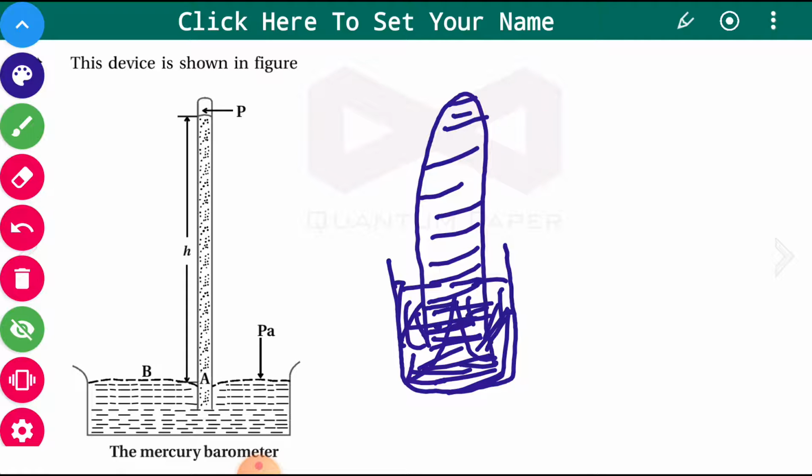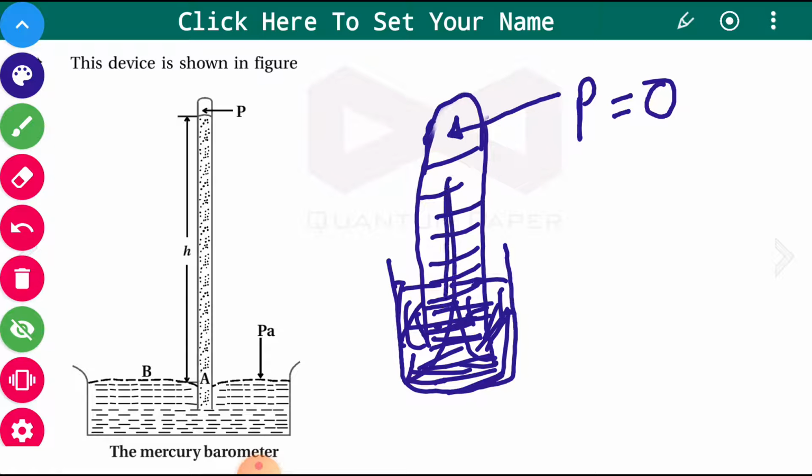So some space will be generated here, and this space has no pressure, or we can say some vapor of mercury may be there, and that is not generating any pressure. So pressure inside this particular space will be equal to 0.